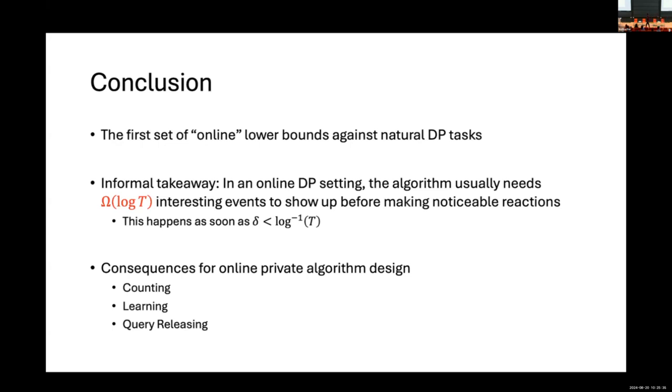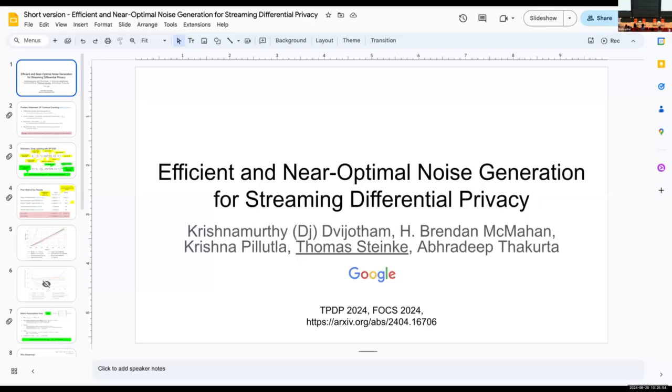You emphasize this large delta, I guess in part to get the separations between the online and offline settings. But clearly the lower bounds also apply in the small delta regime. Were the results already known in the small delta regime, or are they also new when delta is, say, polynomially small in T?